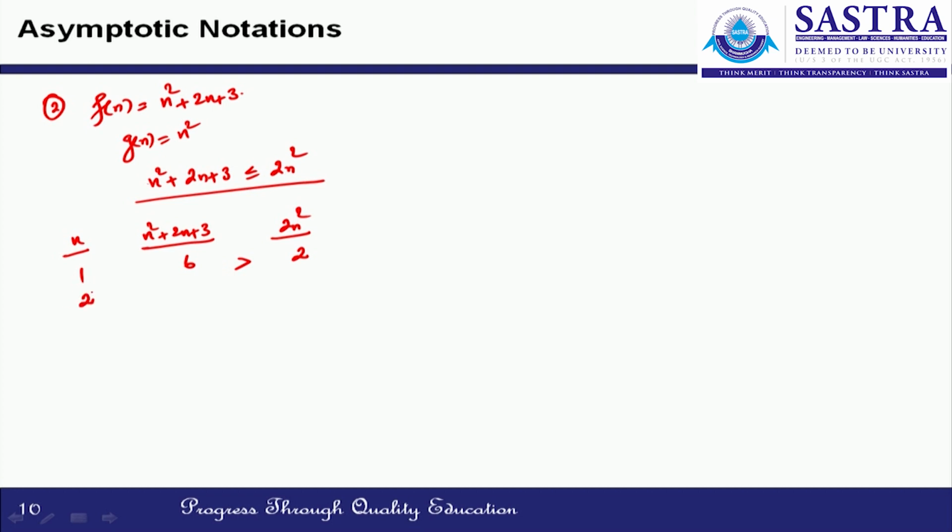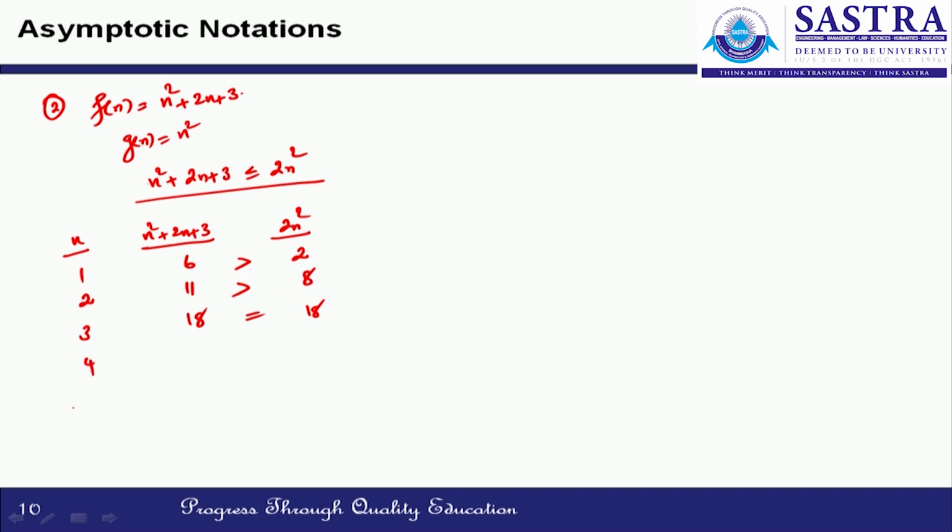When n becomes 2, 4 plus 4 plus 3 is 11, here it is 8, 11 is greater than 8. When n becomes 3, this is 18. What happens? 9 into 2 is 18. 18 is equal to 18.